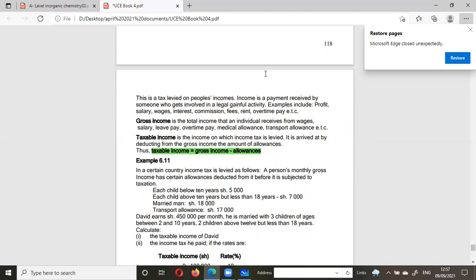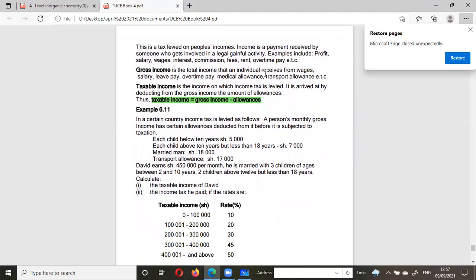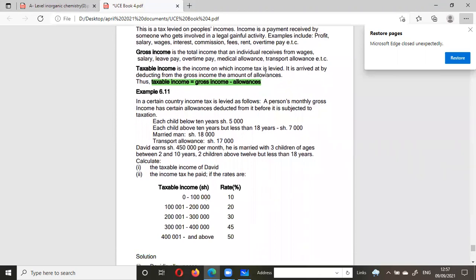So should we continue? Yes. Okay, now we have an example there. They've told us that in a certain country, the income tax is levied as follows. They've not specified the country, so we don't know which country.